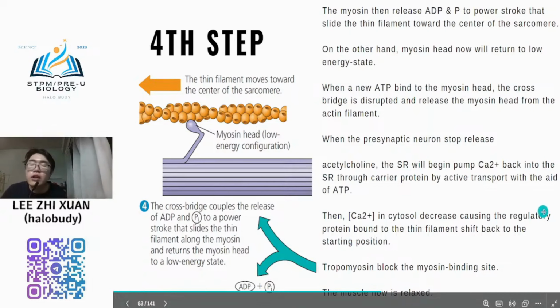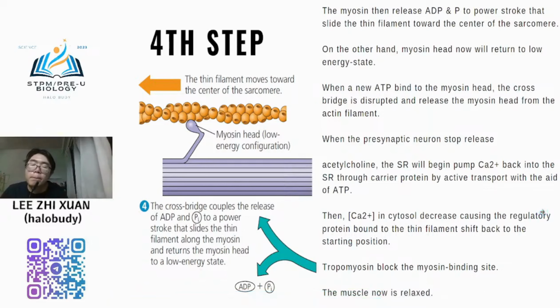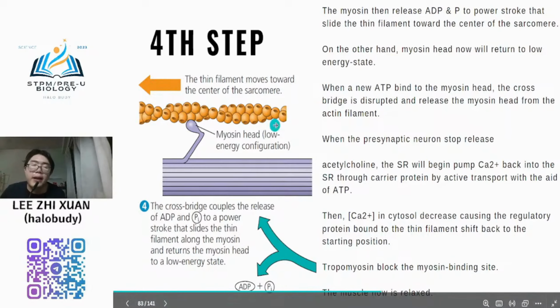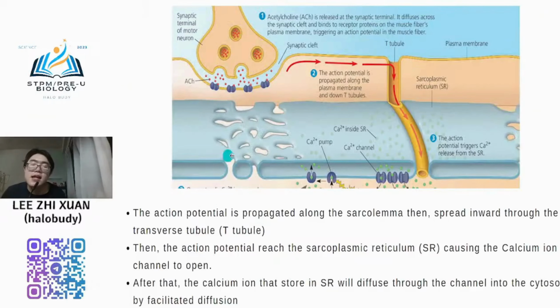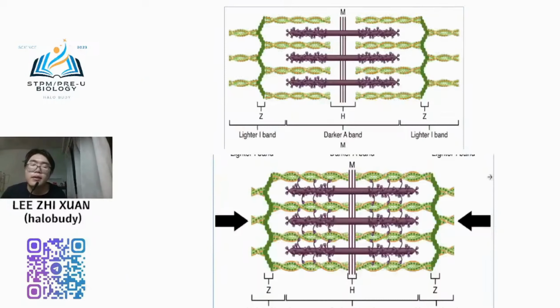The regulatory protein is troponin. Troponin will bind to the thin filament again, and then the tropomyosin will block the myosin binding site again. So it will return to the original position that you see like this. This is the original location.